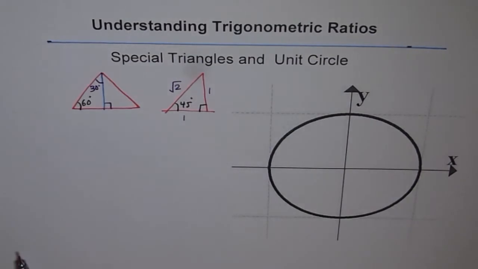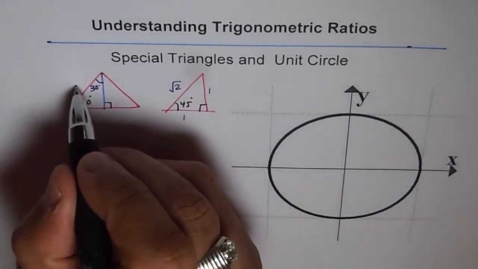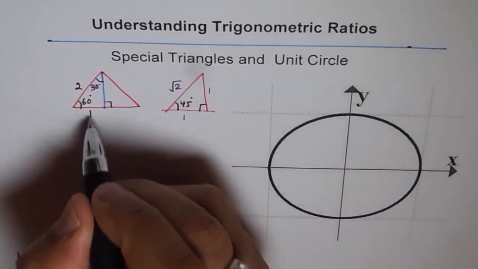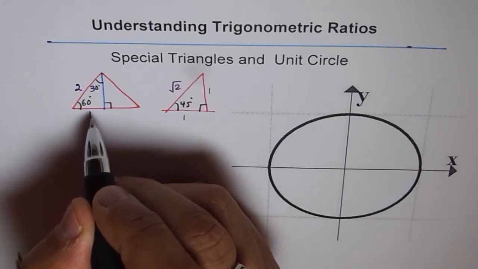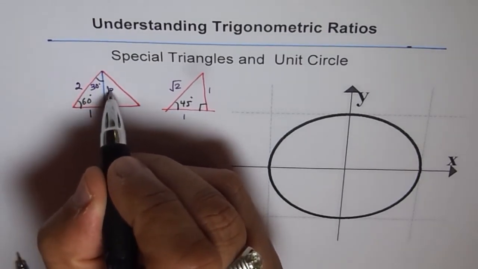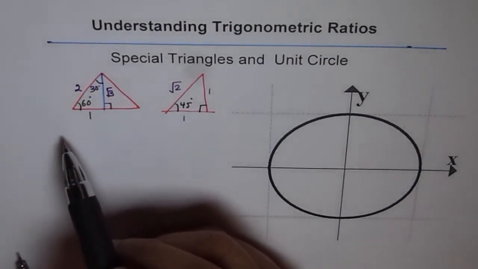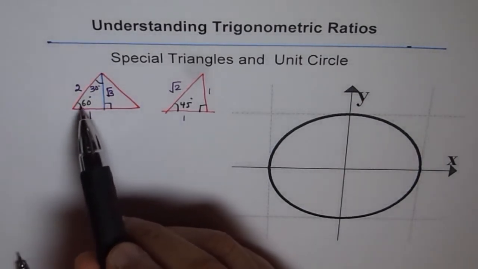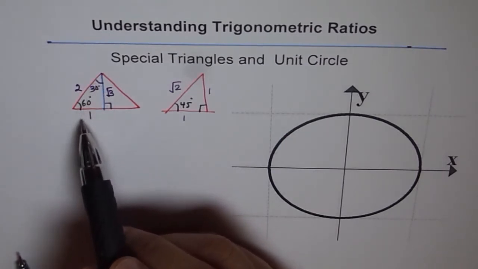Now what happens to the sides? Let's say the equilateral triangle has sides of 2, half will be 1, and this will be the square root of 2 squared minus 1 squared, which is the square root of 4 minus 1, square root 3. So that is your special triangle, and it can be used for 60 degrees if you look from this side, and for 30 degrees if you look from that side, correct?